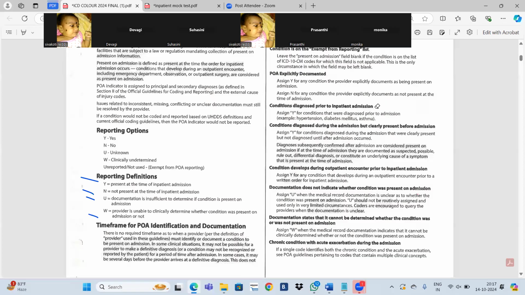Now remember this concept clearly: conditions diagnosed during the admission but clearly present before admission.